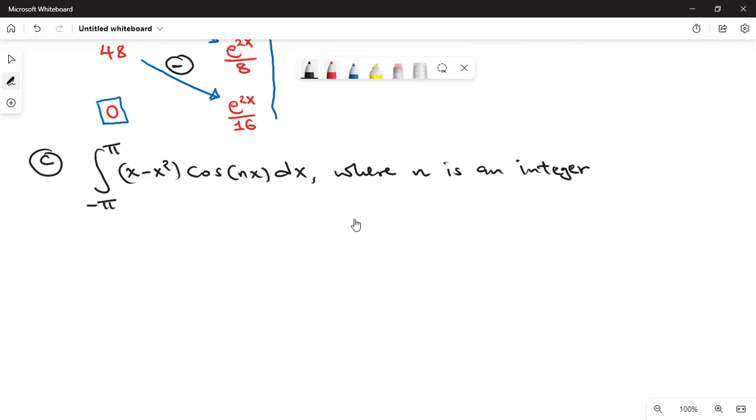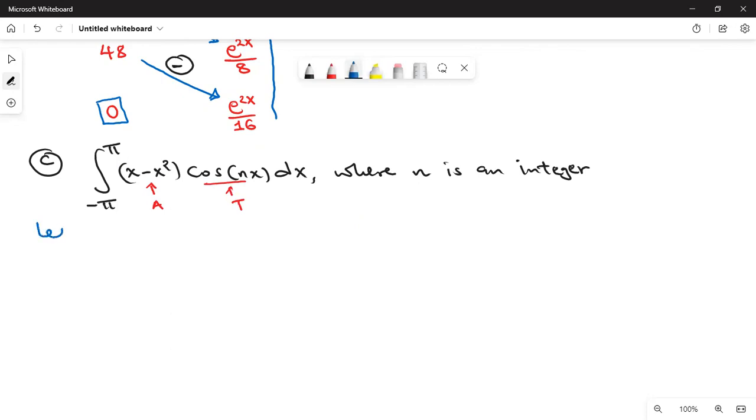So if you look at what you are given, this function x minus x squared is algebraic, and the other one is trigonometric. So in this case, our u will be x minus x squared. So this is what we'll have.